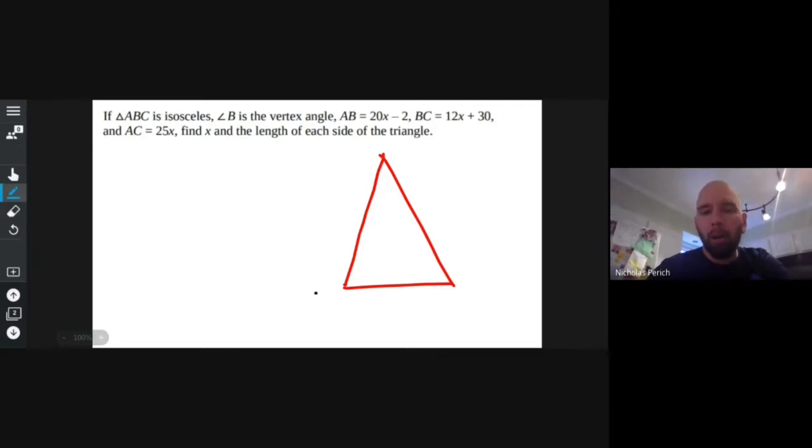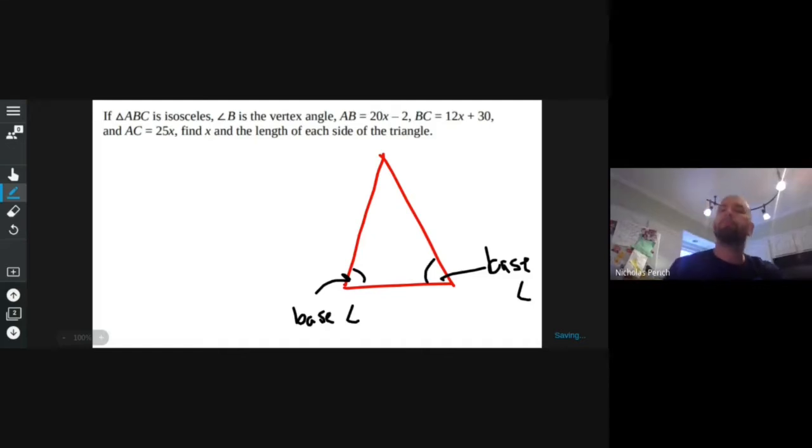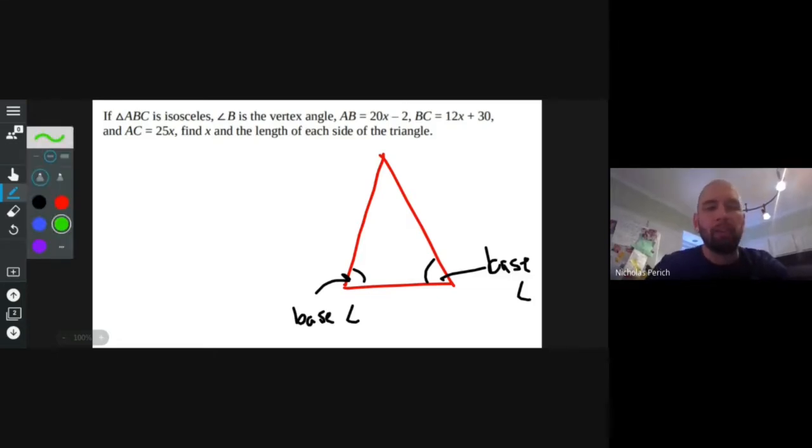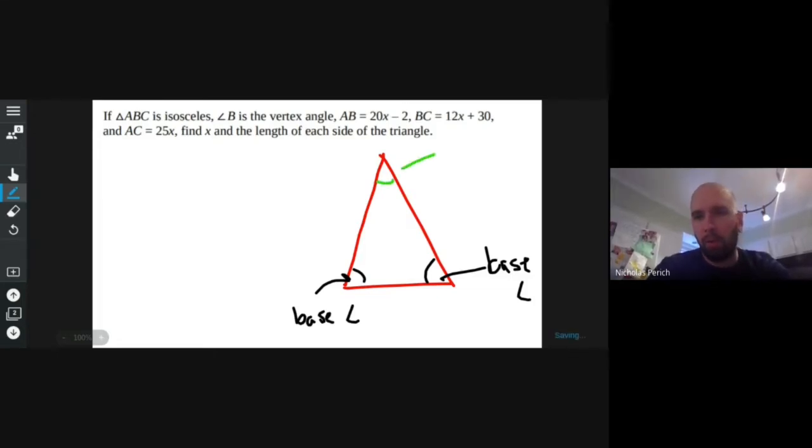These are called the base angles, and the base angles are the same measure. The non-base angle is called the vertex angle.